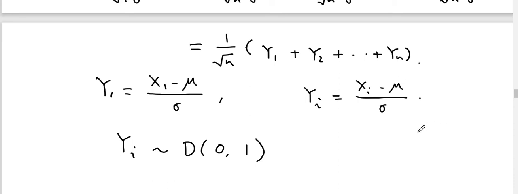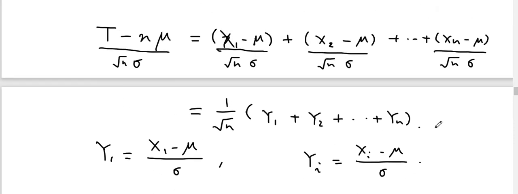We have Y1, Y2, ..., plus Yn, those things multiplied by 1 over radical n. These will be close to standard normal. So what we want to prove is that radical n times Y1 plus Y2 plus ... plus Yn will be close to standard normal.